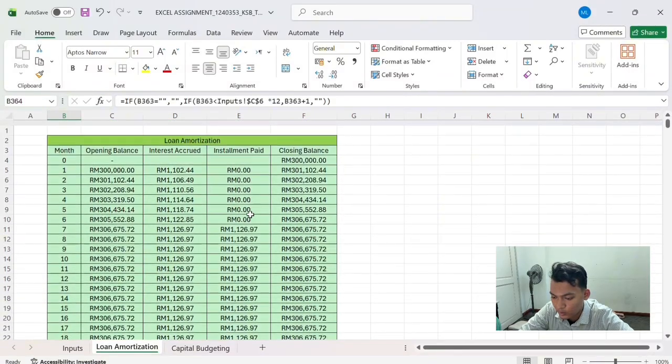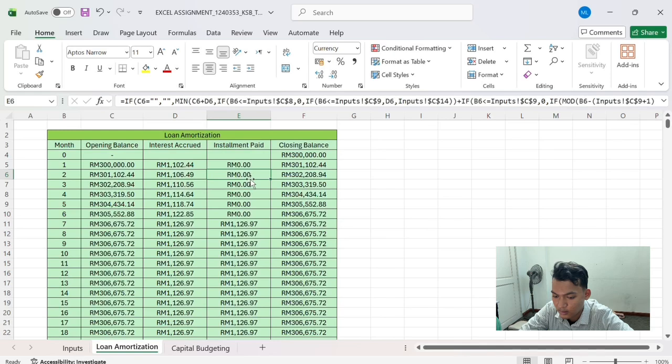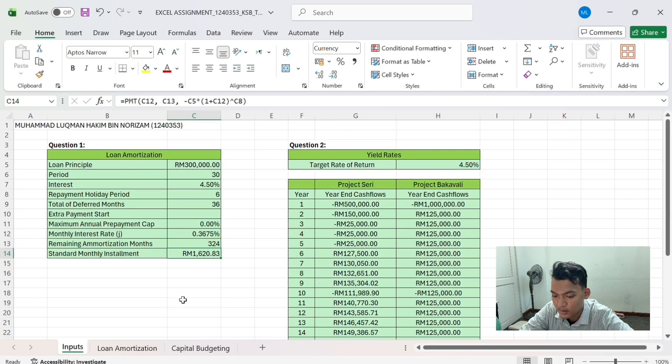Here we have 360 months total schedule, and as you can see here, there is no installment paid in the initial 6 months period. So let's go through to the third question.